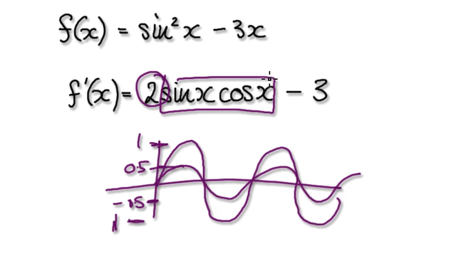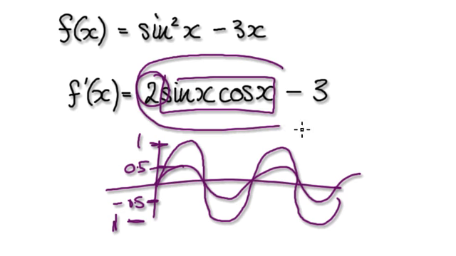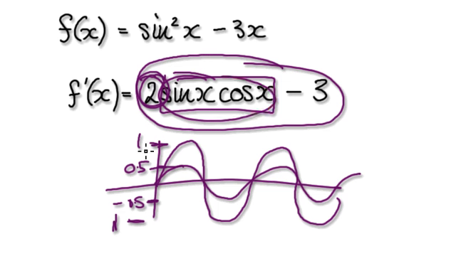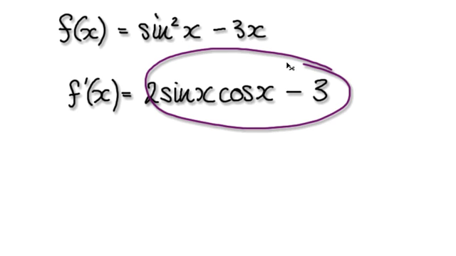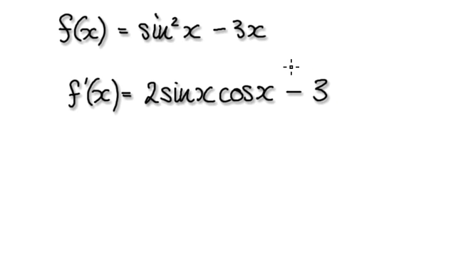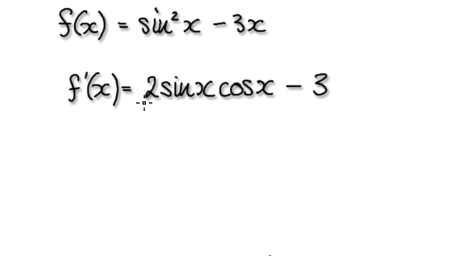But the point is that this whole thing will always be negative, because you've got 2 times this thing, so it's trapped between 1 and negative 1, and then you take away 3. Collectively, this whole thing will always be negative. So f prime will always be negative.